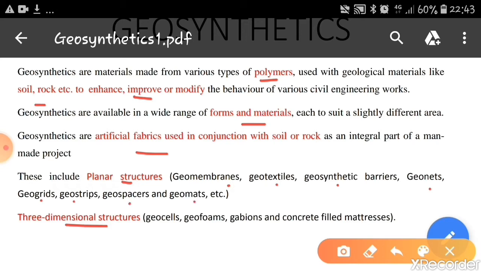All these are called planar structures. And there are some new materials available. They come under three-dimensional structures, and they are geocells, geoforms, gabions, and concrete-filled matrices. So this is a broad idea about geosynthetics.